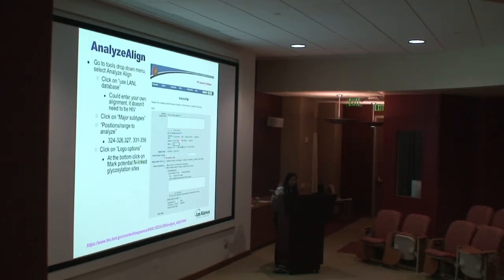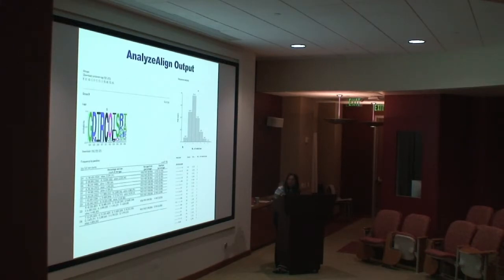A little bit more complex than quick align is analyze align. Very similar, but you can put in your own query sequence of data, so this is really good for any organism. Then you can give other bits of sequence and align them up. Analyze align has outputs in different forms too, and you can choose what you want. It's a histogram at different positions.